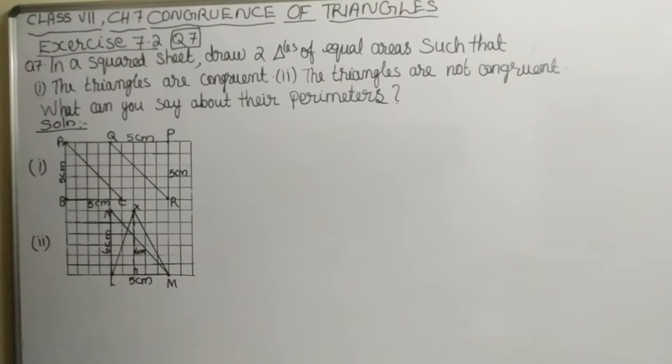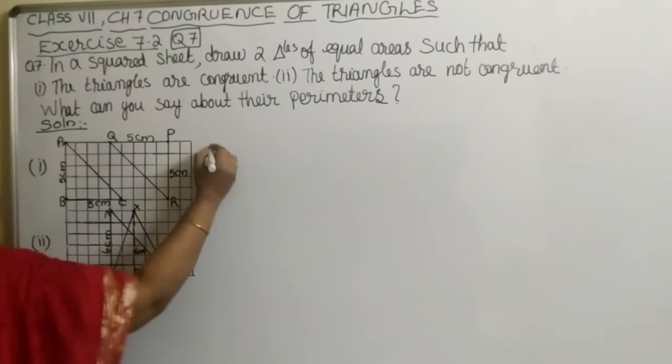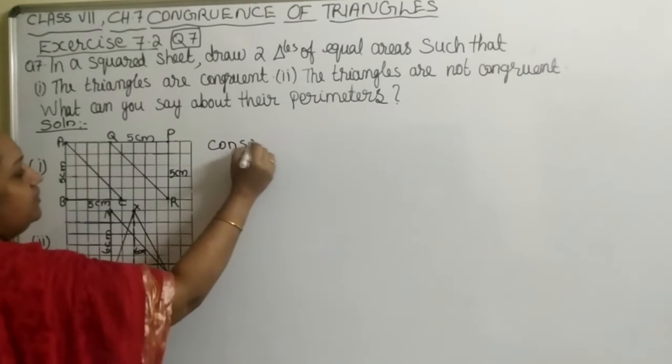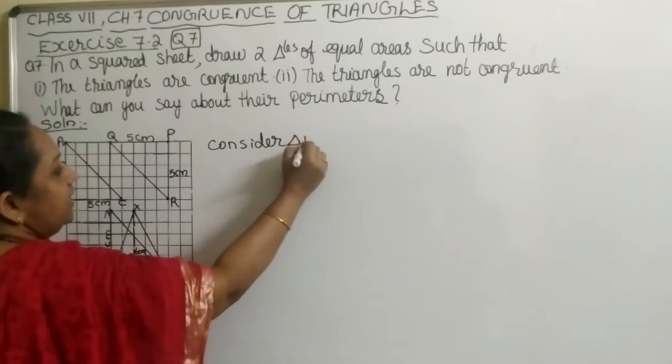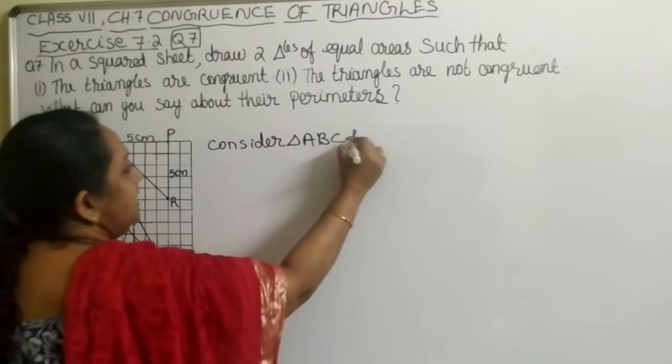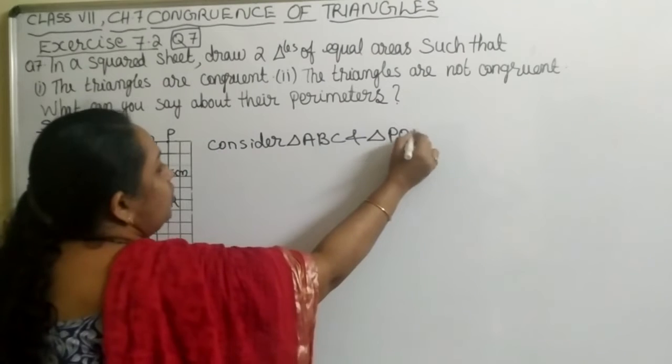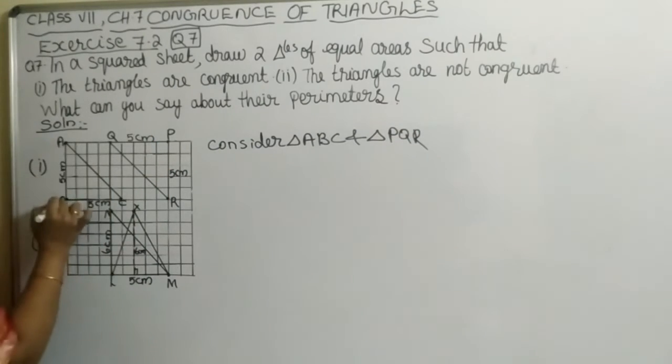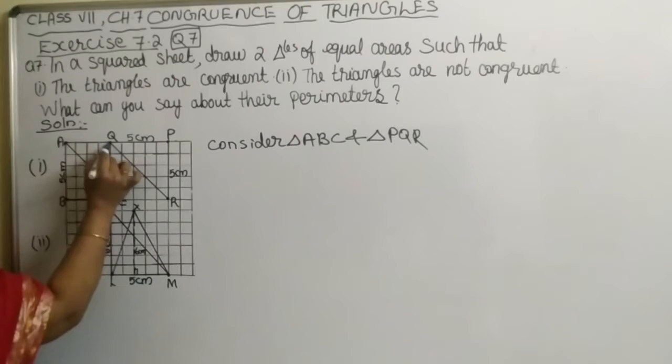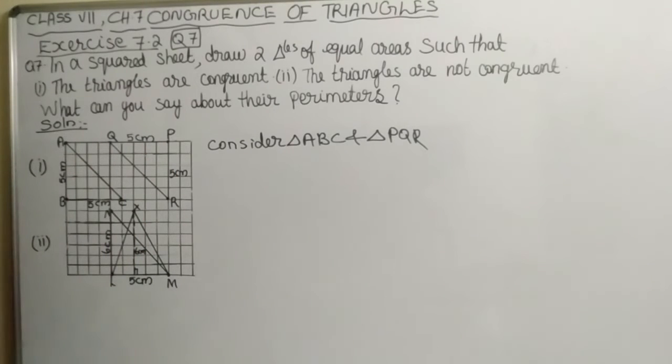So children, either you can use a squared sheet paper or you can use graph paper and draw a triangle. Here 1 centimeter square is drawn and I consider this triangle ABC. For the first one, consider triangle ABC and triangle PQR.